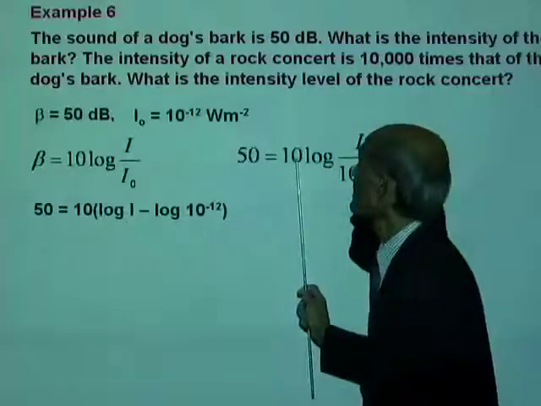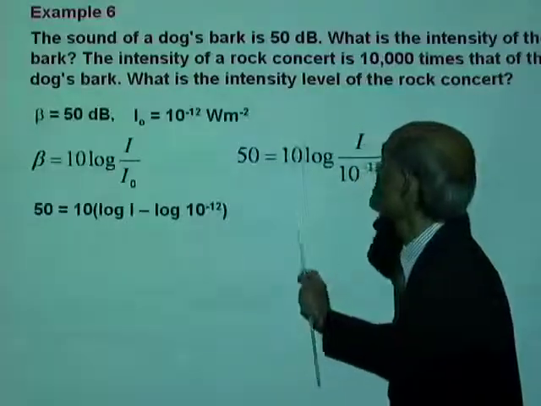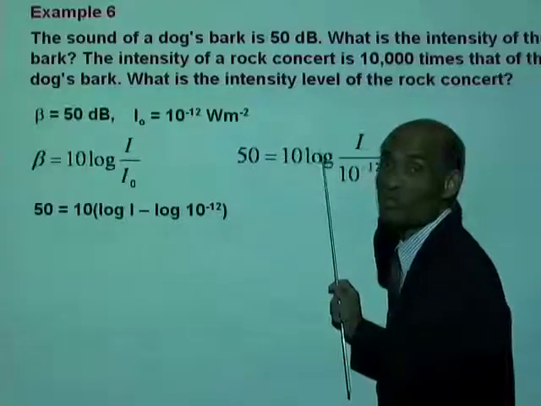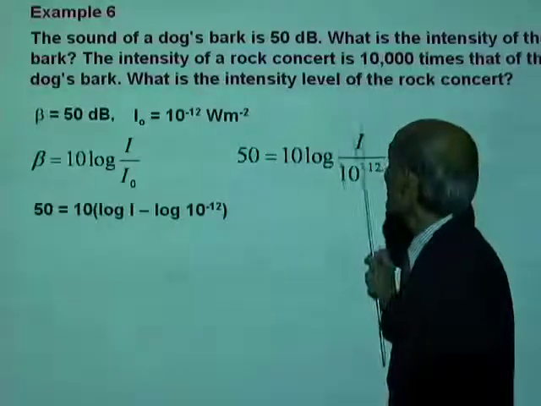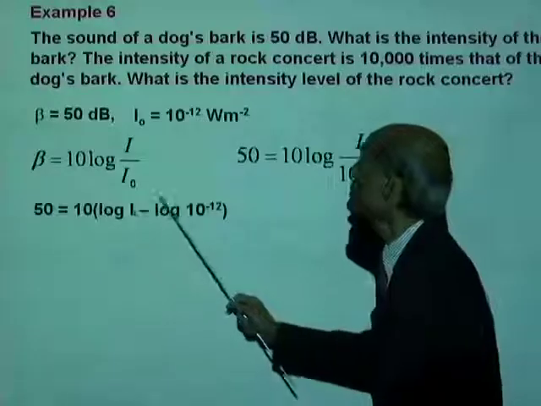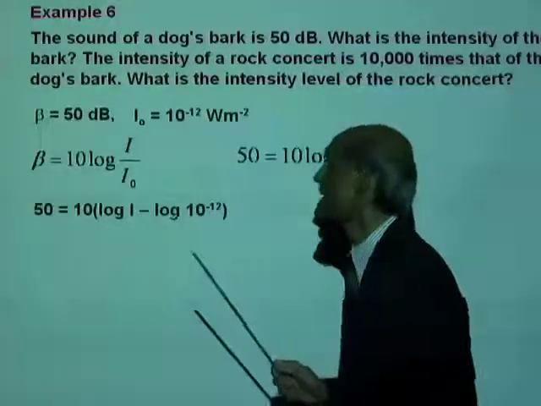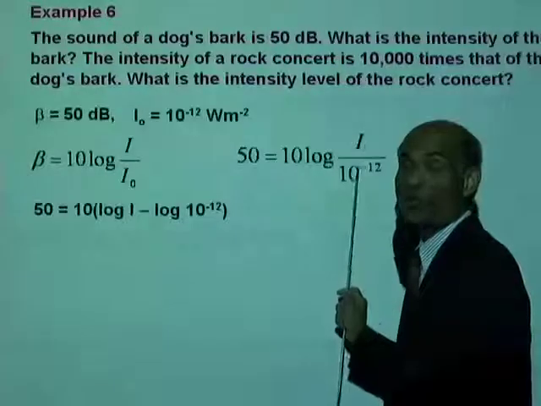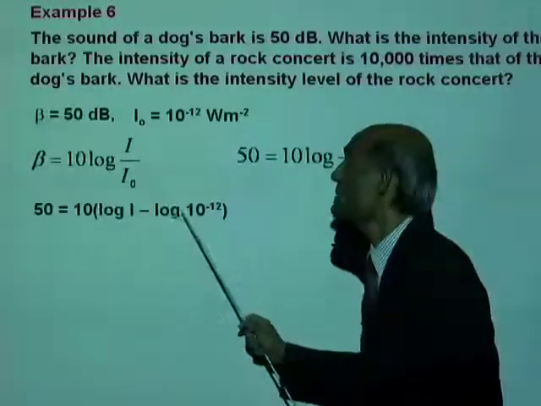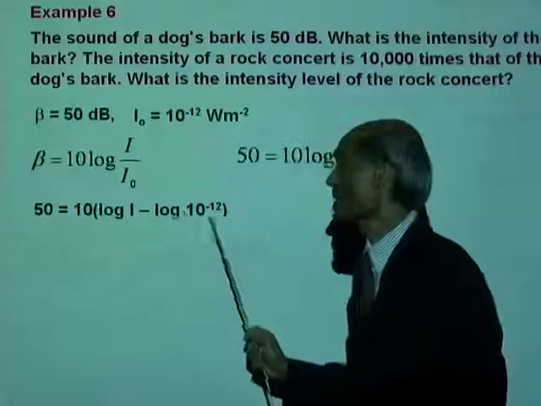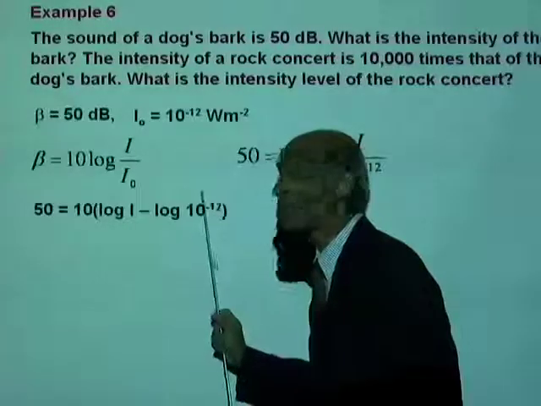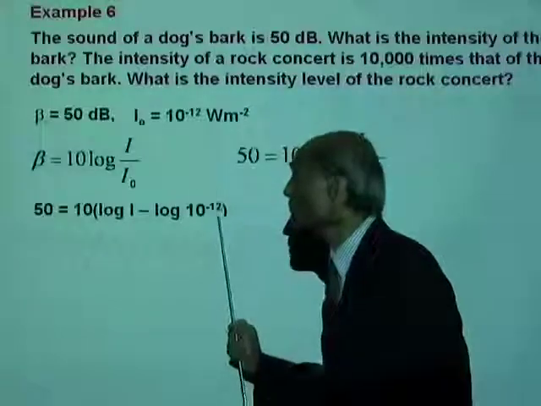Now, what I'm doing here is I kept the 10 outside and used the properties of logarithms. That will be log of I minus log of 10 to the negative 12. You understand that? Log of A over B is log A minus log B. Alright, can you tell me what is this log of 10 to the power of negative 12?